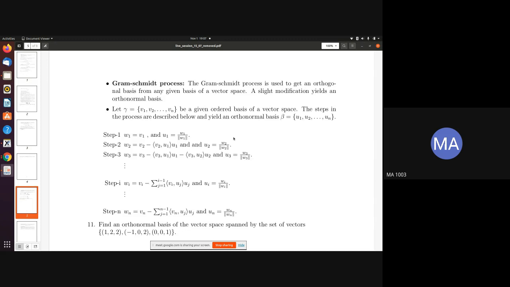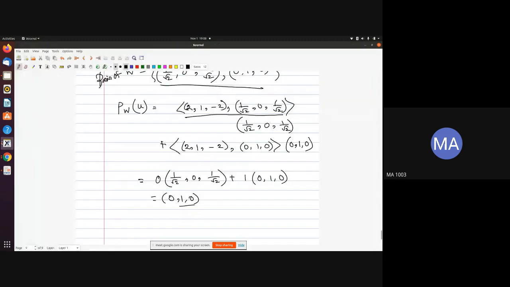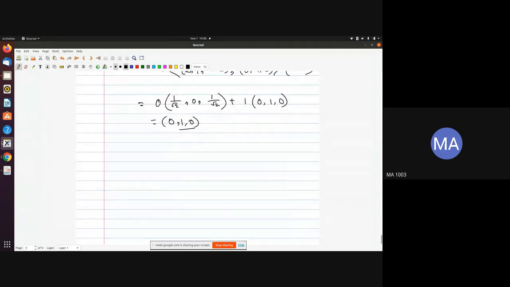And the algorithm is known as the Gram-Schmidt method. What it says is that you start with any basis that you can find. You have a subspace, and you know at least one basis of it, right? Suppose I give you a subspace W of (x, y, z) such that x plus y minus z is 0.